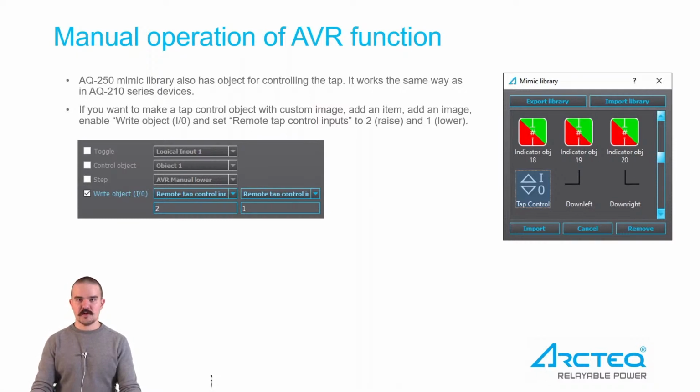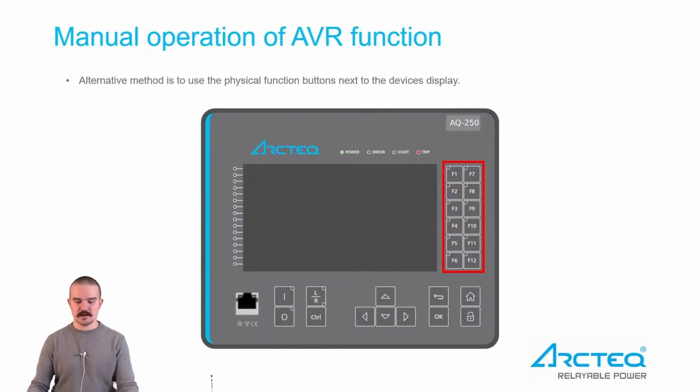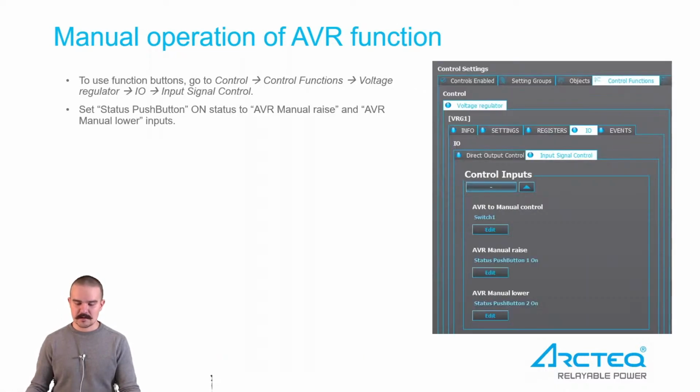But an alternative method in the 250 series is that you could use the function buttons that are on the right side of the device. To do this, you go back to that voltage regulator function, and in the I/O page, input signal control, below manual control, you have manual raise and manual lower points.